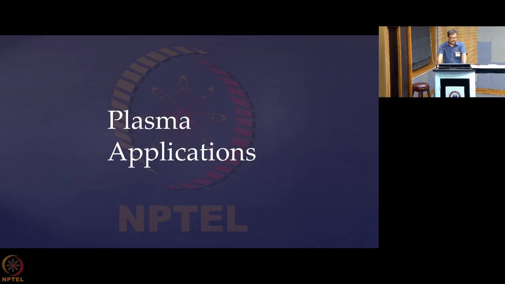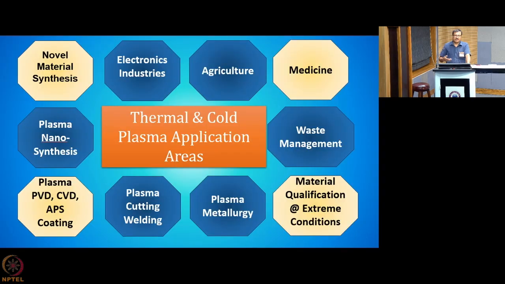So now I will switch to the plasma applications part. Now you know that plasma applications have a wide variety of areas. Thermal and cold plasma applications include novel material synthesis and the electronics industries, where plasma is used for etching.